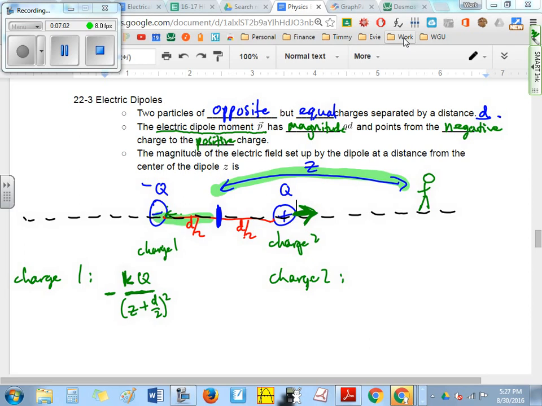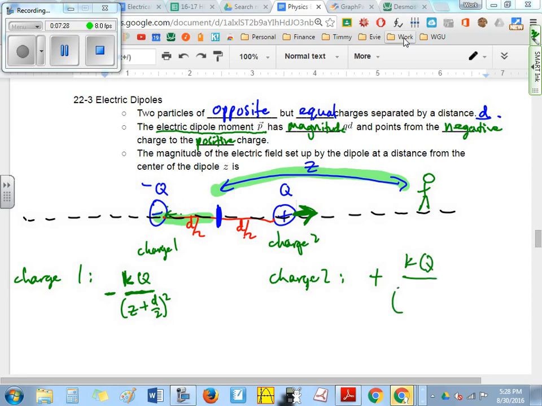Now, because we're standing closer to this charge, actually, we experience a larger magnitude of it too. So, in a sense, the field we sense from the positive charge is more influential than the field we feel from that more distant negative charge. So that'll take care of itself, but we just have to understand this is pointing to the right, and it's a positive charge anyway, so you would have gotten a positive either way.